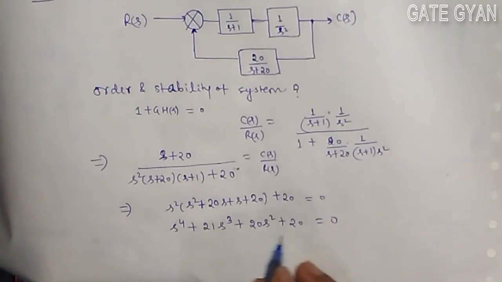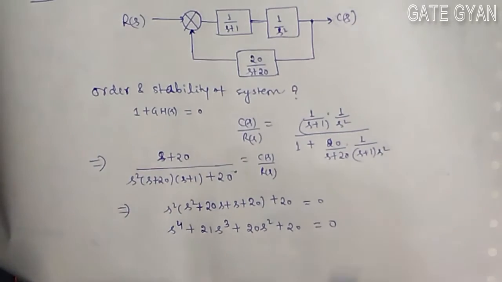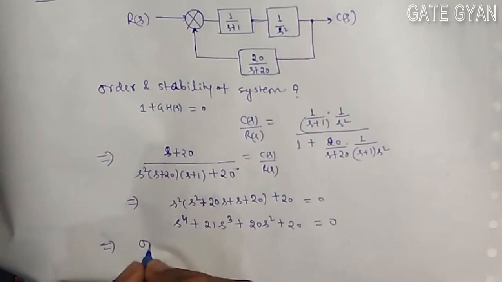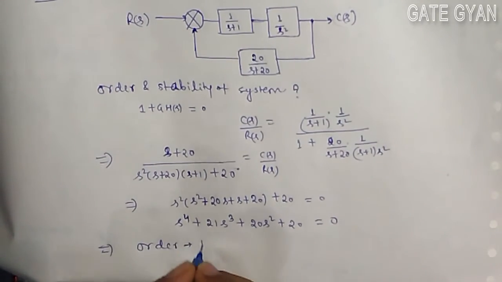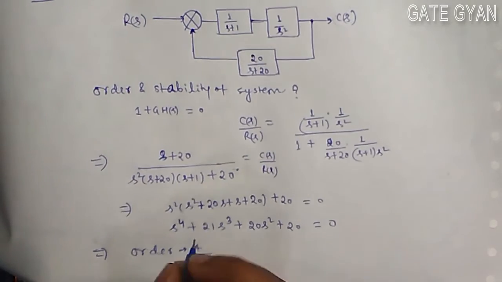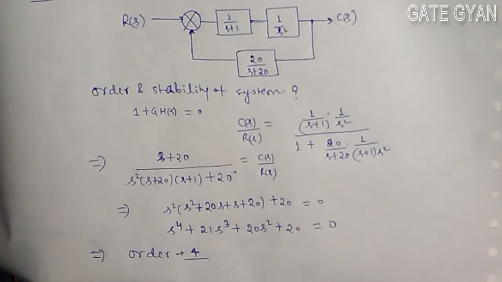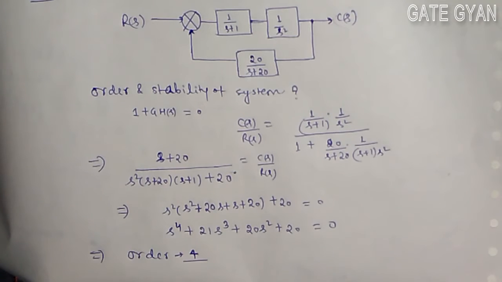So this has highest power 4, so the order of the system is going to be 4.